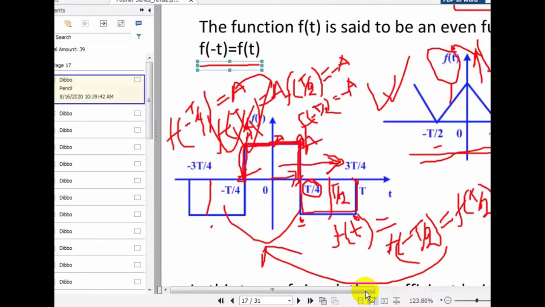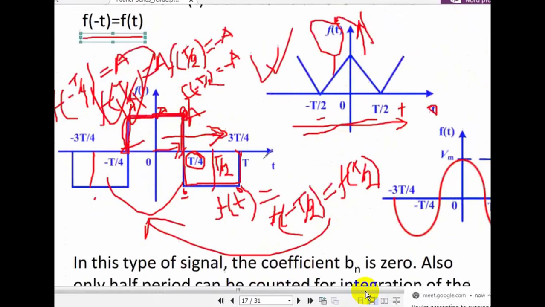I cannot hear you properly. I say that if you consider minus t by 4 and t by 4, then you have to start with the initial point.